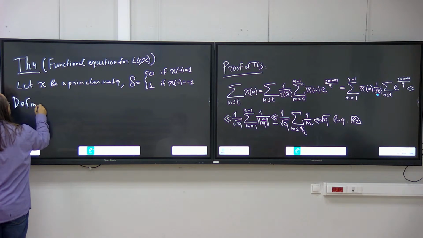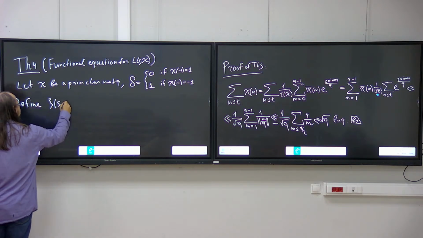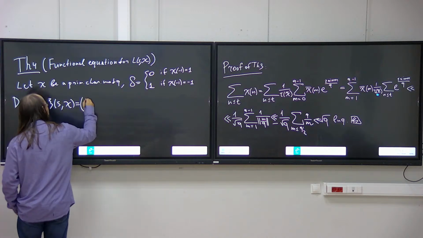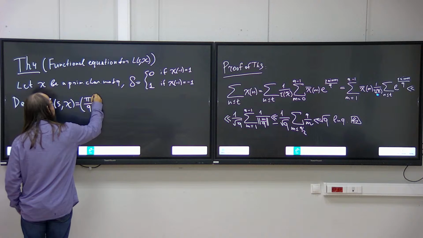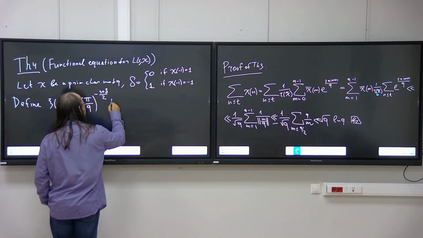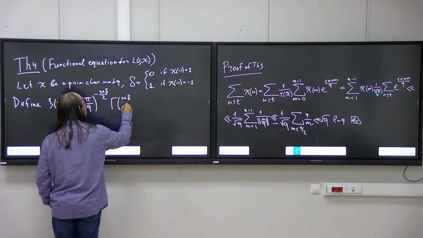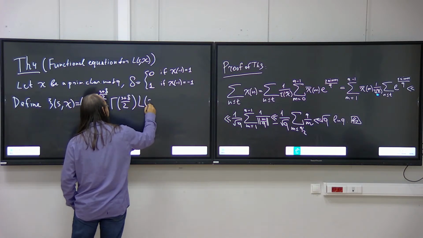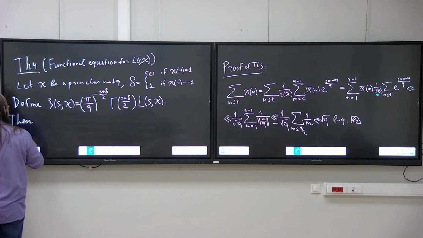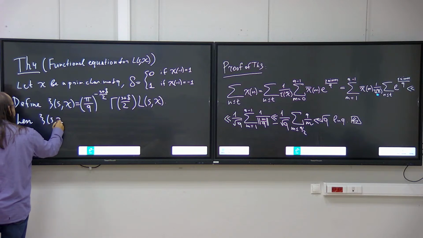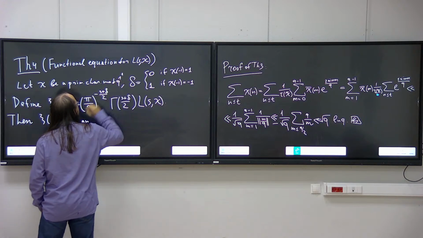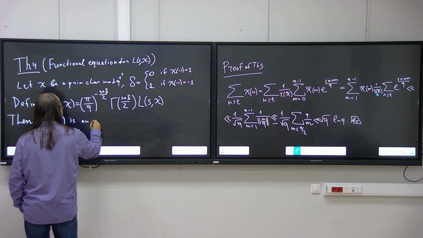Define now psi of s chi by the following formula. It is pi over q to the power minus (s plus delta) over 2, gamma of (s plus delta) over 2, L of s chi. Then psi of s chi, if q is greater than 1, is of course an entire function.